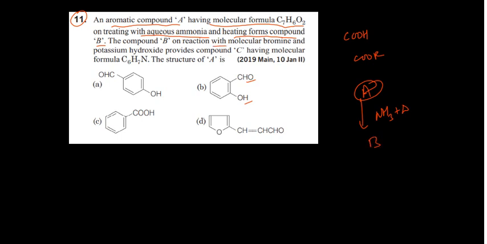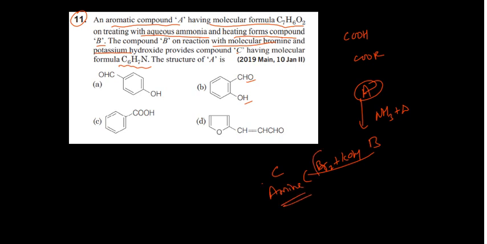On reaction with molecular bromine and potassium hydroxide, B reacts with bromine and KOH forming compound C. The formula of C is given, so it looks like ammonia, like an amine.